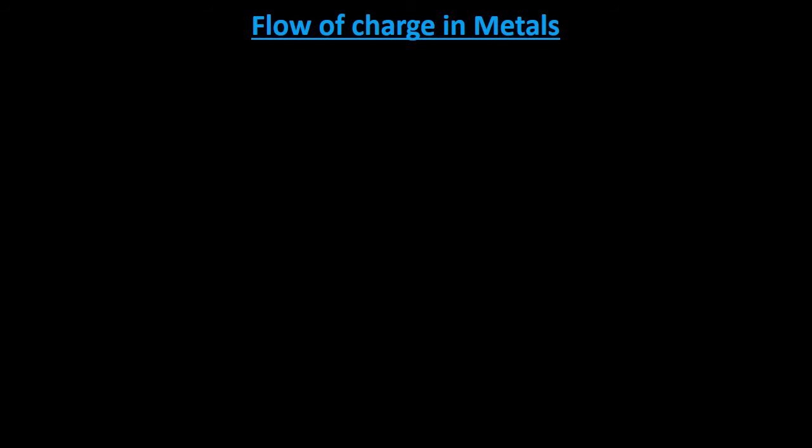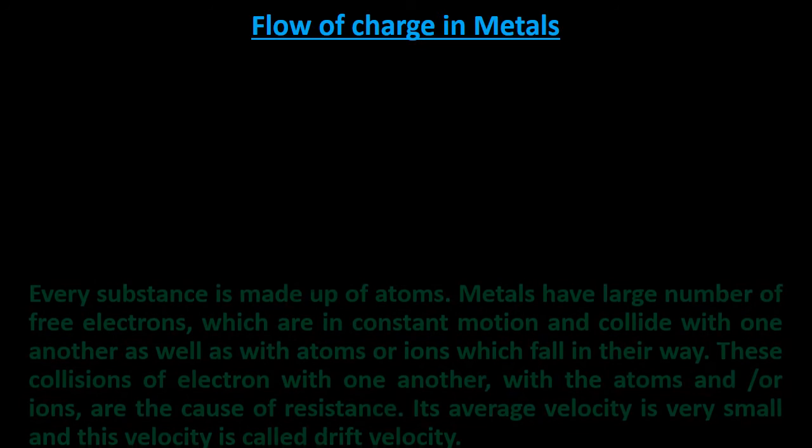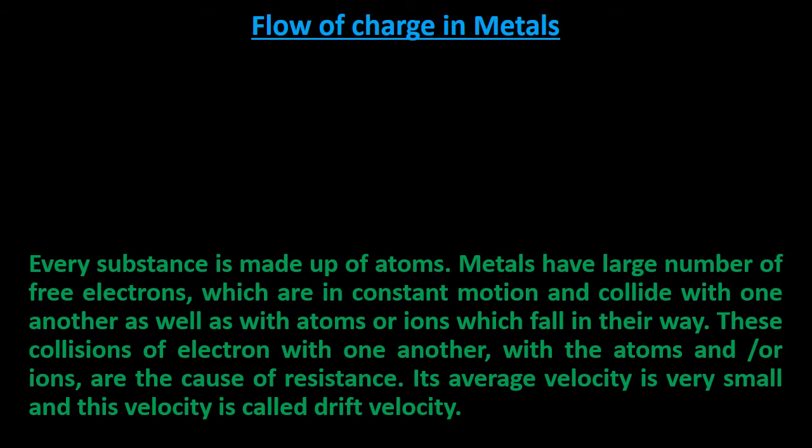Now the next topic is flow of charge in metals. Under this topic we are going to learn how the charge or the electrons flow from one point of the metal to another point. We know that every substance is made up of atoms, and especially metals have a large number of free electrons.